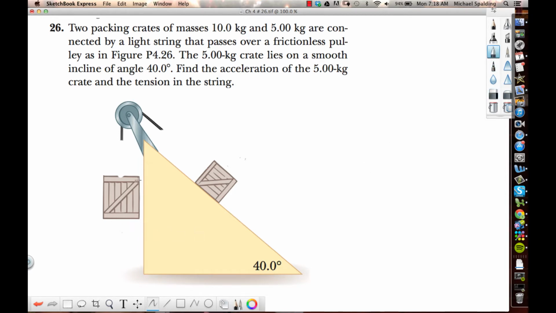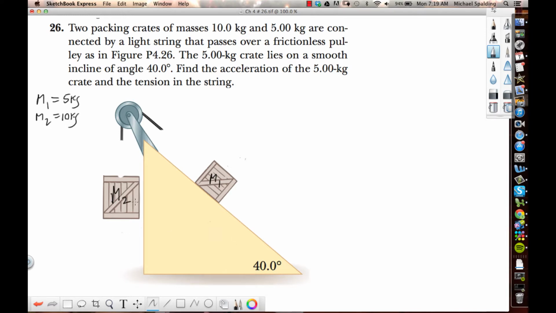Okay, so let's do the free body diagram. We'll call this guy M2 and this guy M1. M1 is the 5 kilogram, M2 is the 10 kilogram.